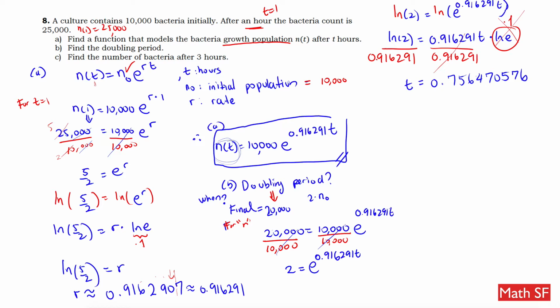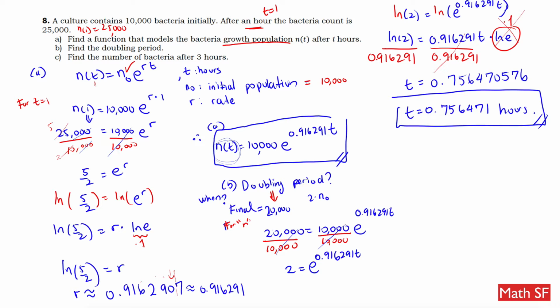So what will be the doubling period? The doubling period will be about not even an hour. So t equals 0.756471 hours, using 6 decimals again. So that will be your doubling period.